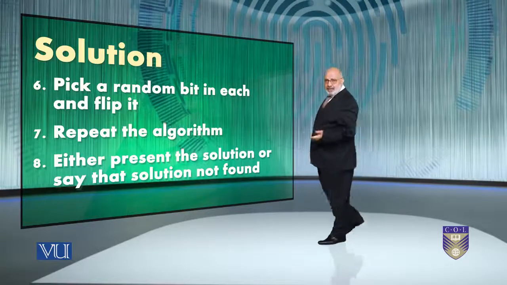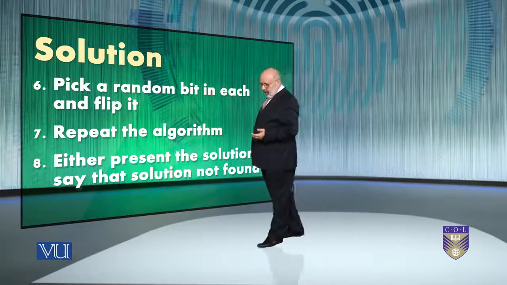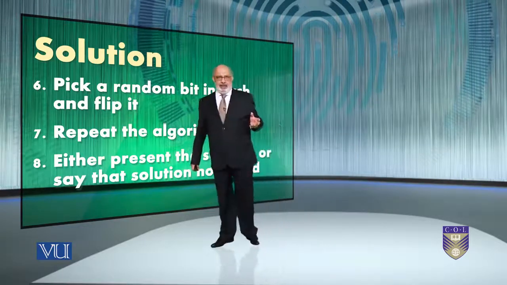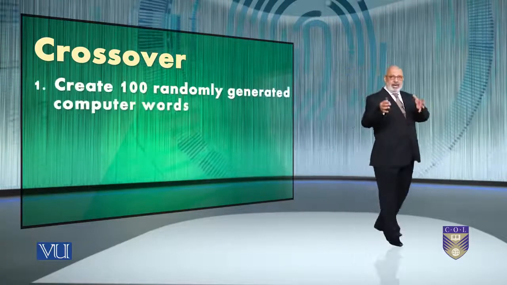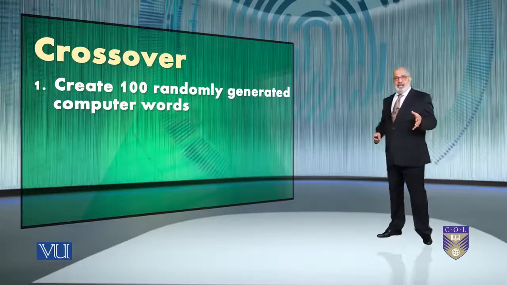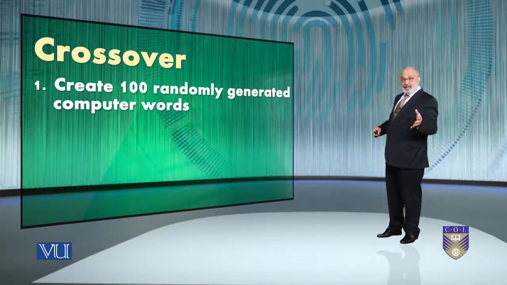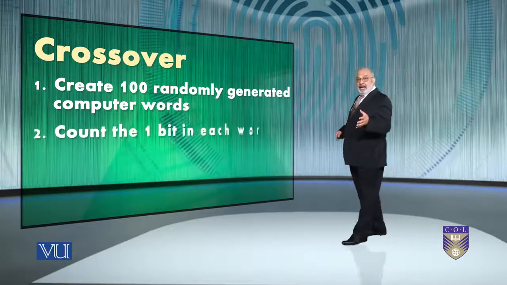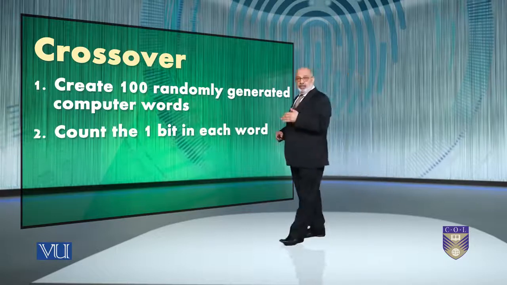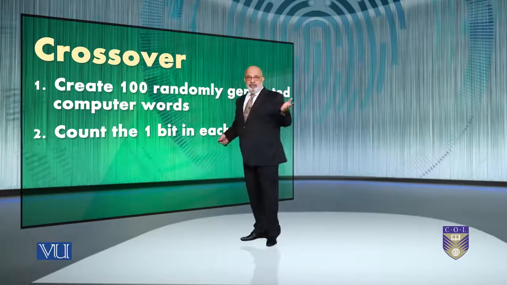Now let's do the same thing, but use another technique, which is called crossover. What do we mean by crossover? Same thing. Start with 100 words randomly selected, and count the number of ones as we did before.